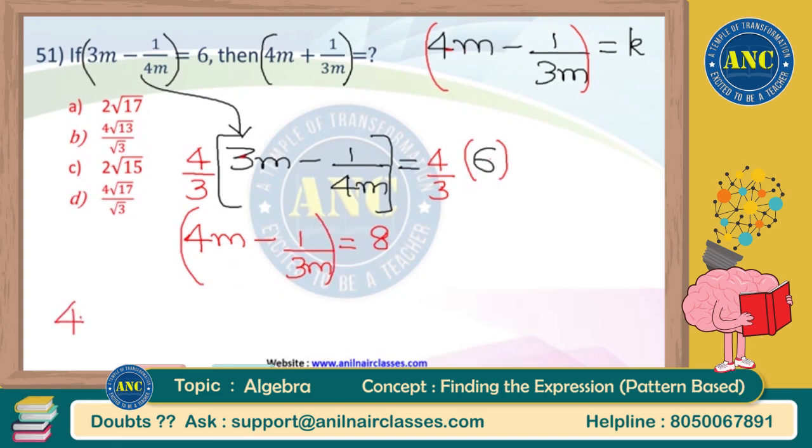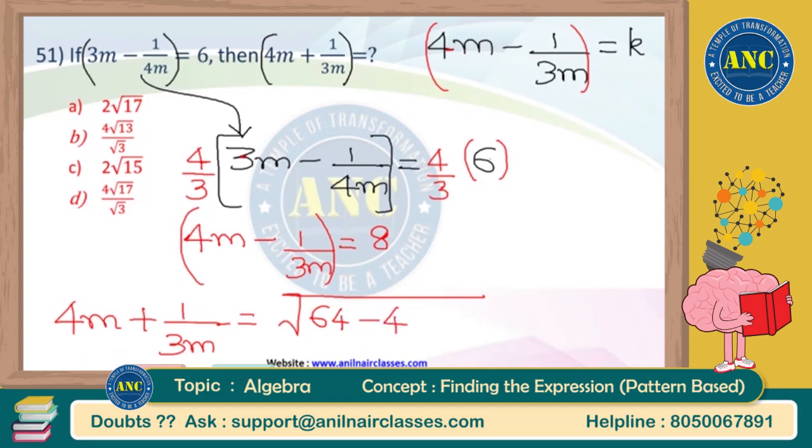Whenever I know the value of 4m minus 1 by 3m, finding out 4m plus 1 by 3m is never a difficult task. It is plus or minus square root of k square minus 4. Why am I not writing plus or minus? Because the answer options are anyway not having a minus sign, so I will ignore the negative sign. K square is nothing but 8 square, it is 64 minus 4.